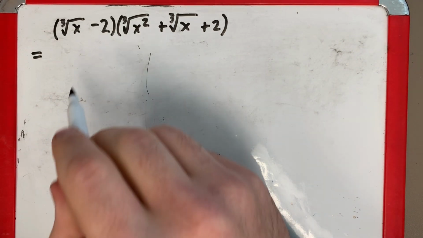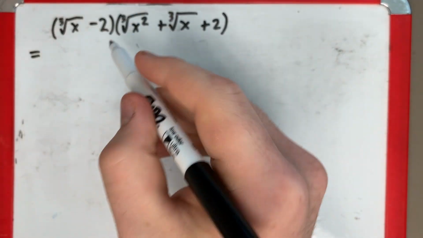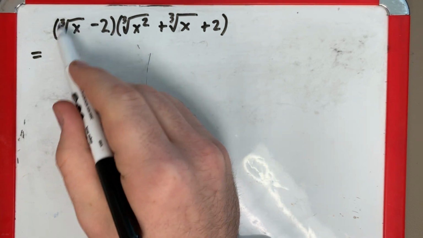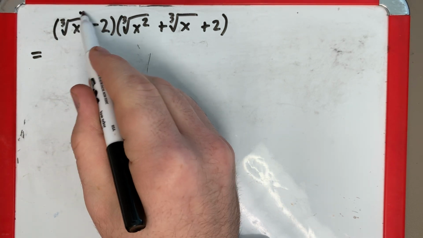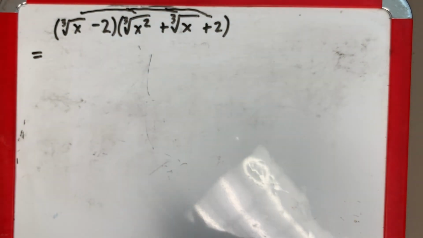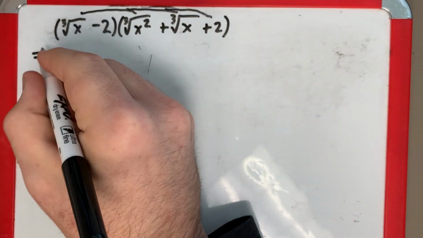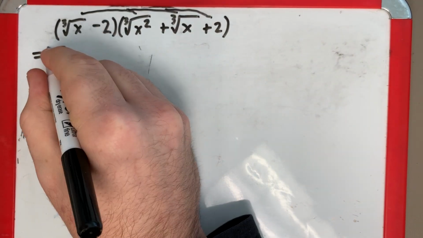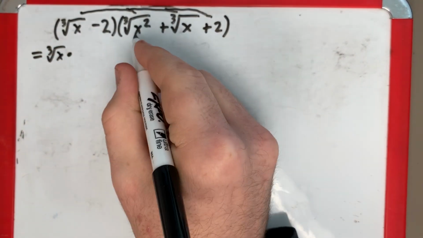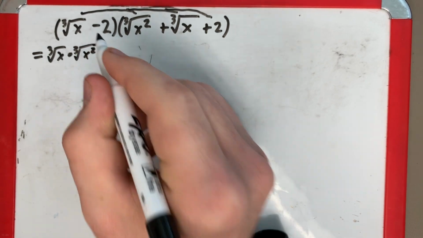So here we have the same thing written out, and we're going to FOIL. That is our first step in this case. I'm going to take this first term here, this cube root of x, multiply it to everything in the second quantity, and then add it all together. Just typical foiling here. So we have cube root of x times the first term, which is just cube root of x squared.